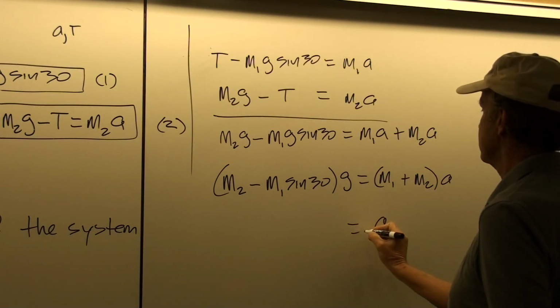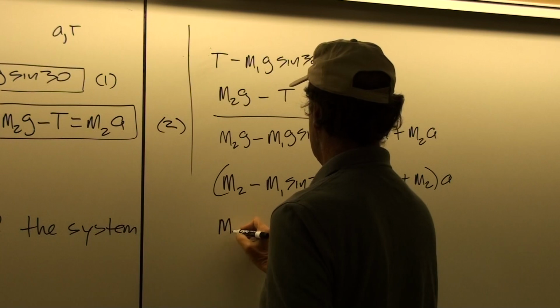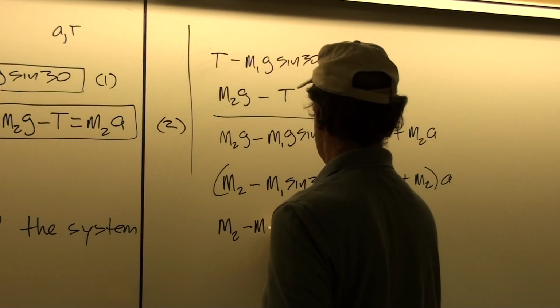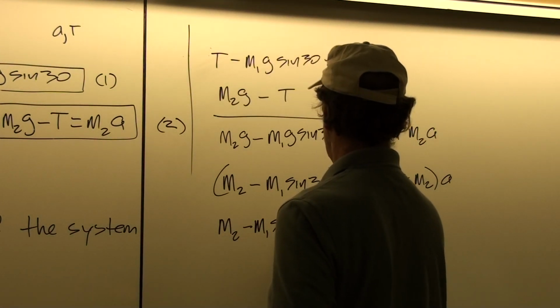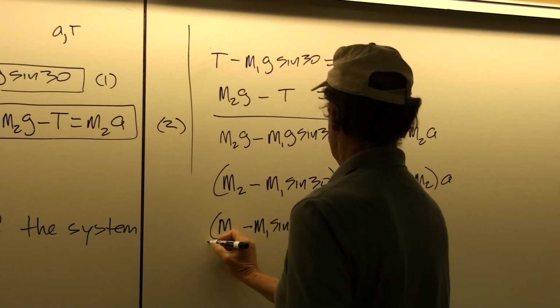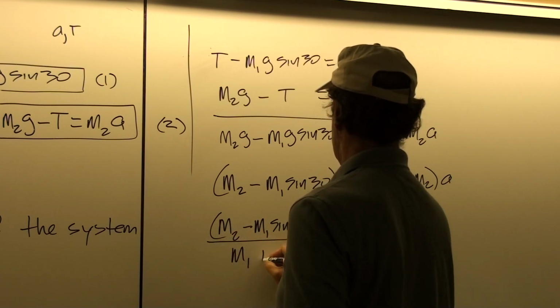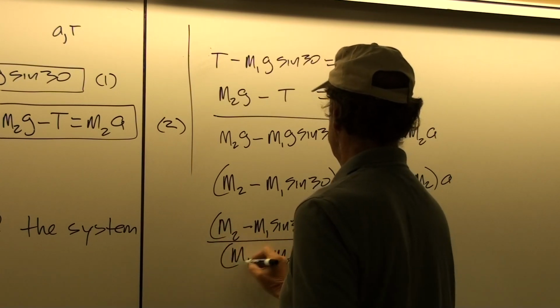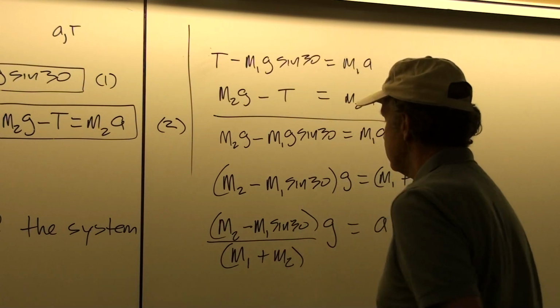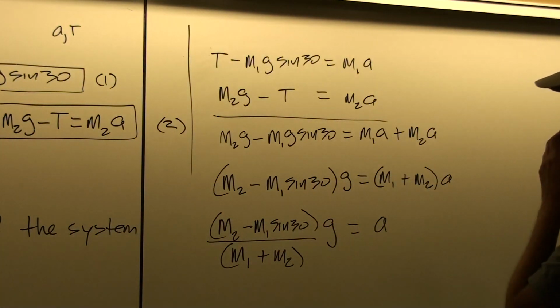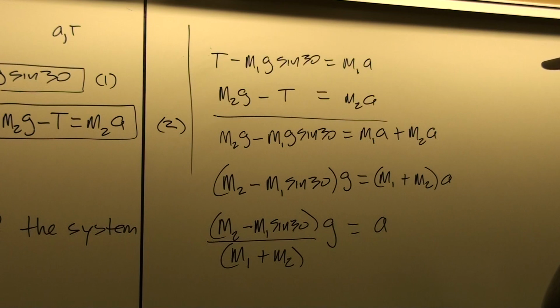Or that gives us a is equal to (M2 minus M1 sine 30) divided by (M1 plus M2) times g. Okay, so that's our expression without friction.